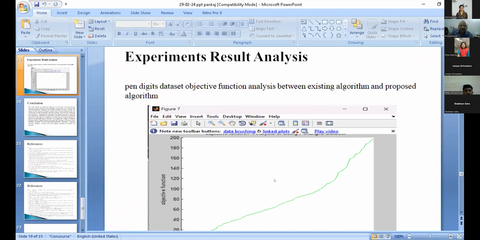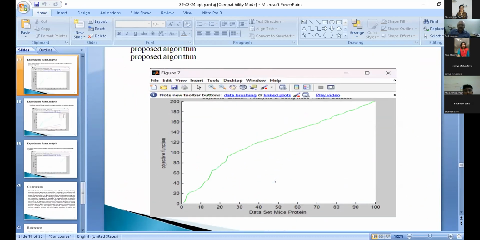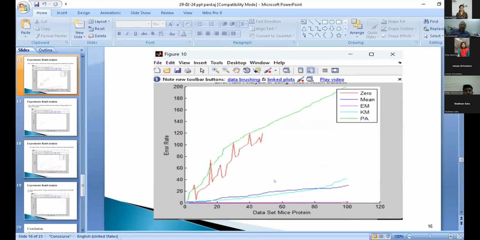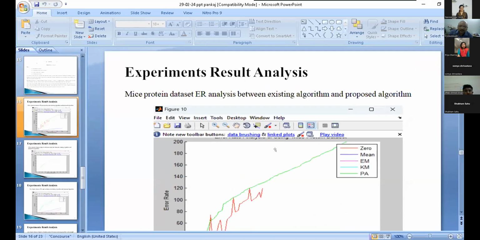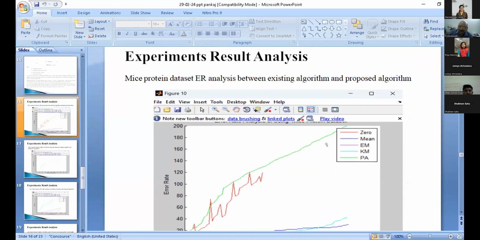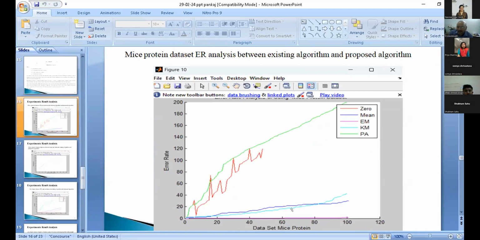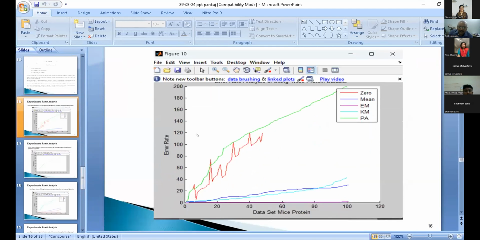Some experimental results are given in the slides. Here we have used two data sets for our data analysis. As the error rate goes on increasing, accuracy decreases when applying the clustering algorithms with the vector space model.